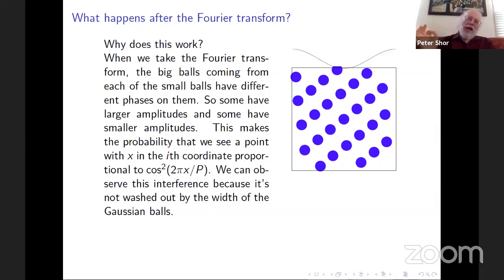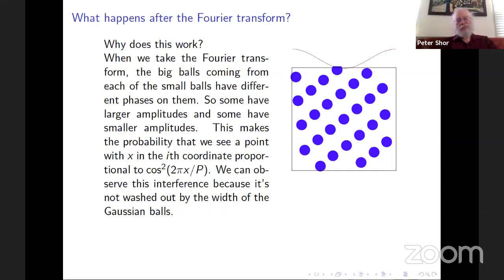So when you add the phases for W1 and W2, some of them cancel each other out, and some of them add. I do not have time in this talk to go through the calculations, but you can make the probability that you see a point with x in the ith coordinate proportional to cosine squared of 2 pi x over p.